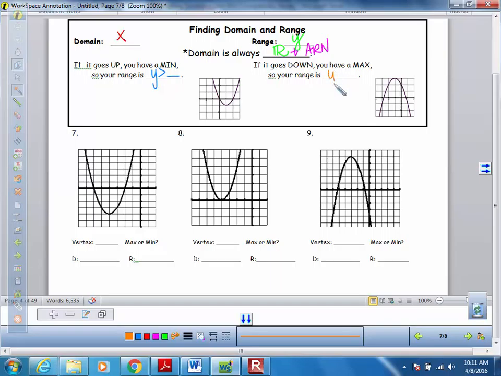Y is less than. And it's actually, it should be less than or equal to, and this one should be greater than or equal to. Okay, so let's look at a few of these.